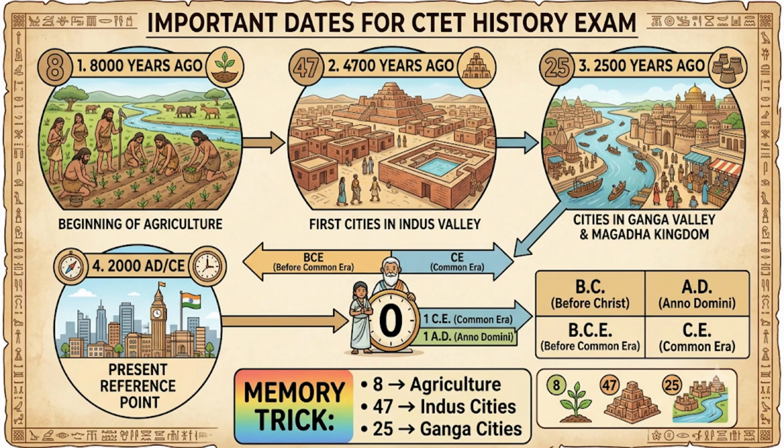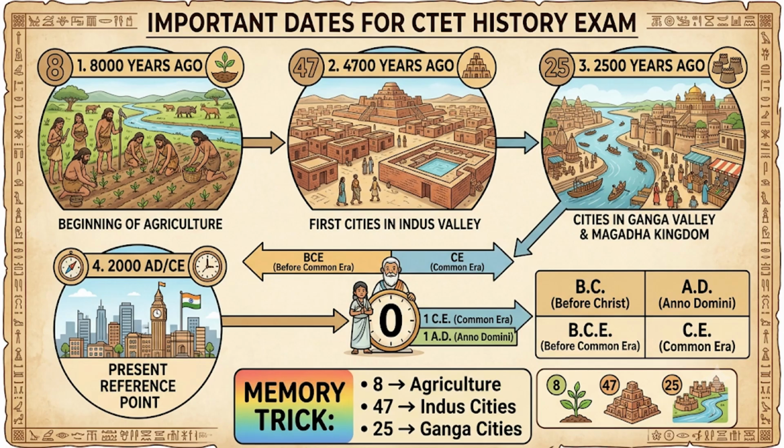Let's revise the most important dates from this chapter. About 8,000 years ago, agriculture began. About 4,700 years ago, the first cities developed in the Indus Valley. About 2,500 years ago, cities developed in the Ganga Valley and Magadha became a powerful kingdom.